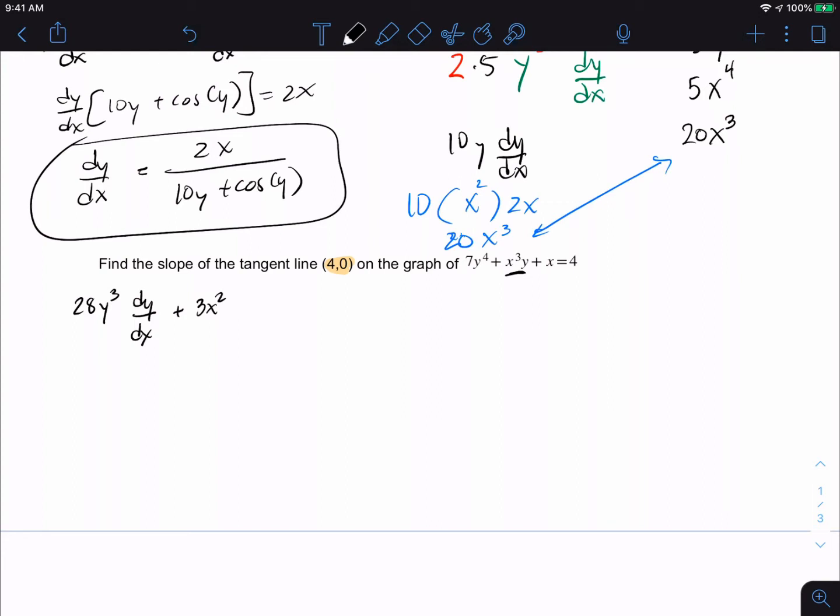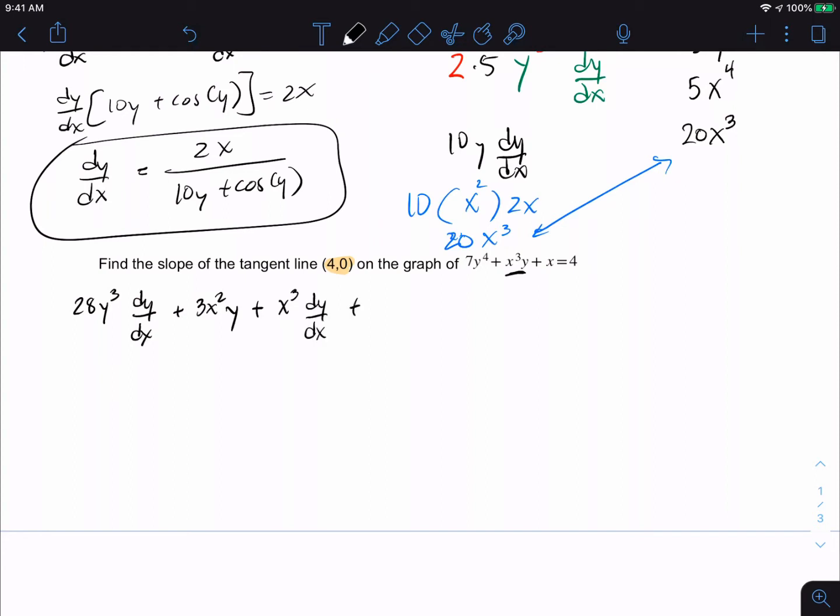It's 1. So we never write it because we know the derivative of that is 1. Okay, times y, plus, because we're doing the product rule, the first, x cubed, but what's the derivative of y? Y prime, or dy dx.